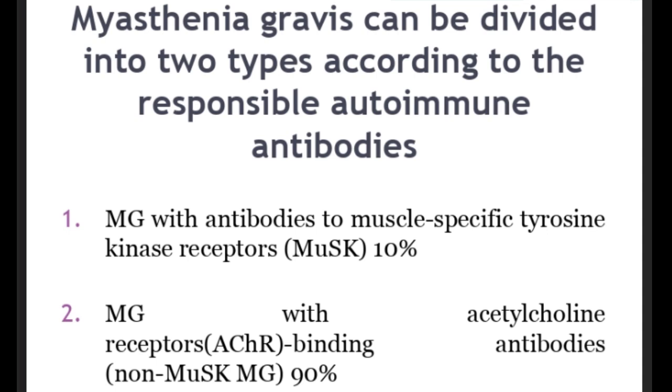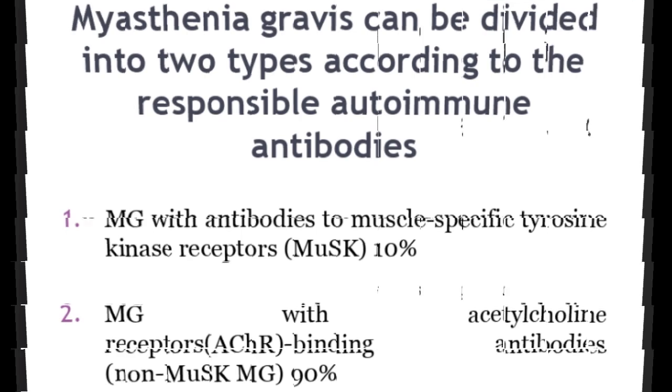First, myasthenia gravis with antibodies to muscle-specific tyrosine kinase receptors, MuSK myasthenia gravis, which constitutes 10%. Second, myasthenia with acetylcholine receptor binding antibodies, called non-MuSK myasthenia gravis, which constitutes 90%.